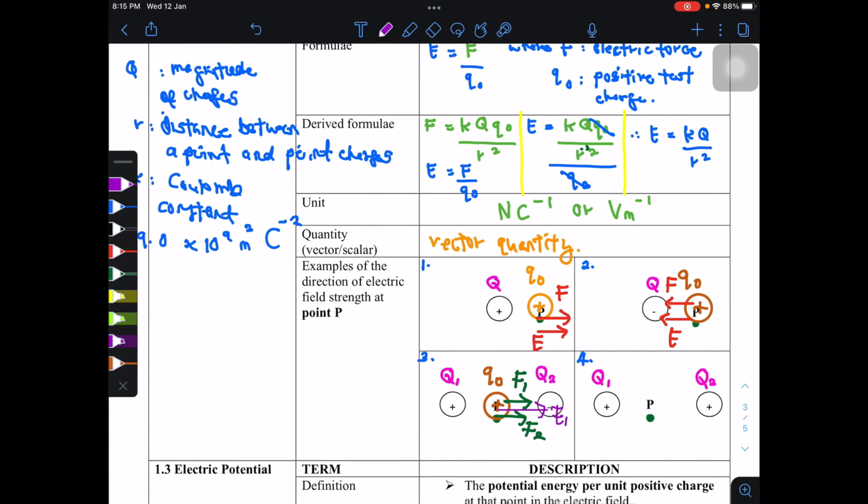And the direction of the electric field strength on the test charge by Q2 is also to the right. This is E2. So now at point P here, we have two electric field strengths acting on point P.